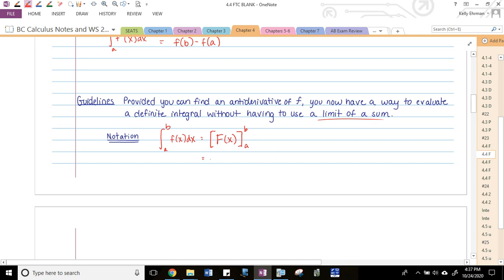And then that's equal to whatever you got for the antiderivative, plug in b, and subtract the antiderivative evaluated at a.